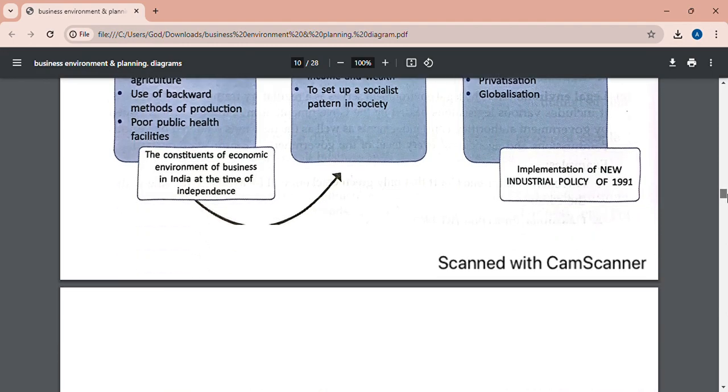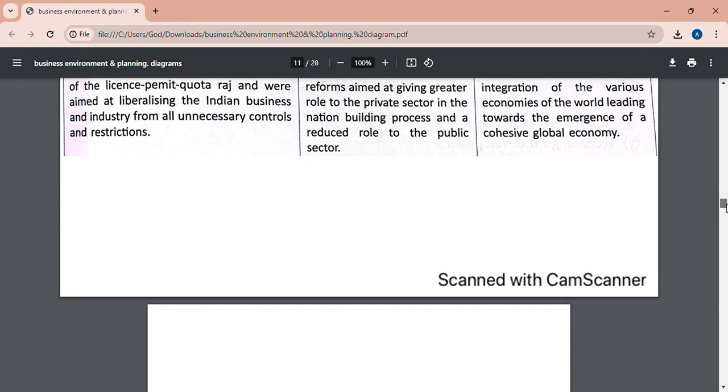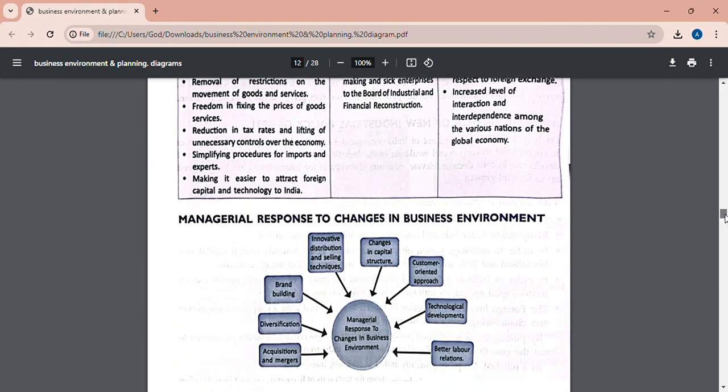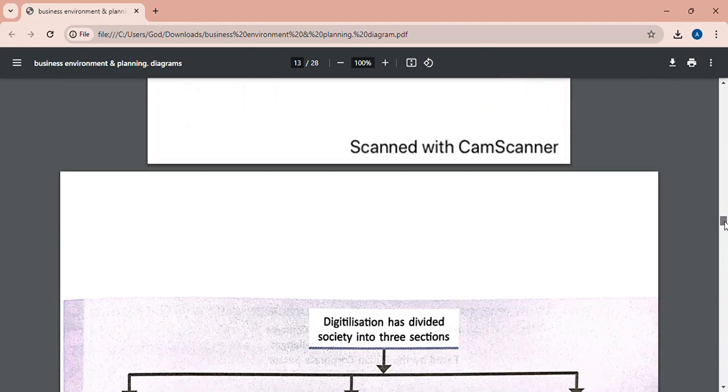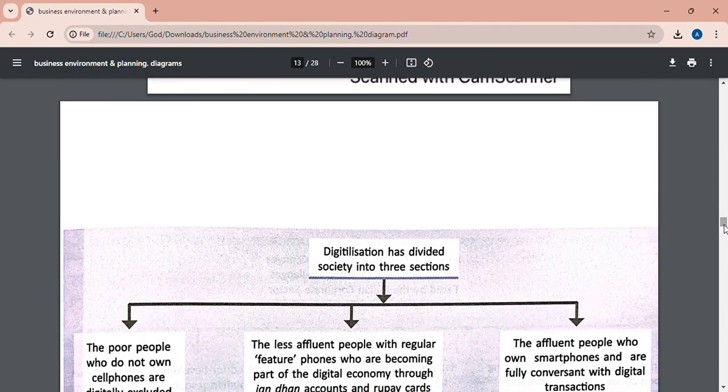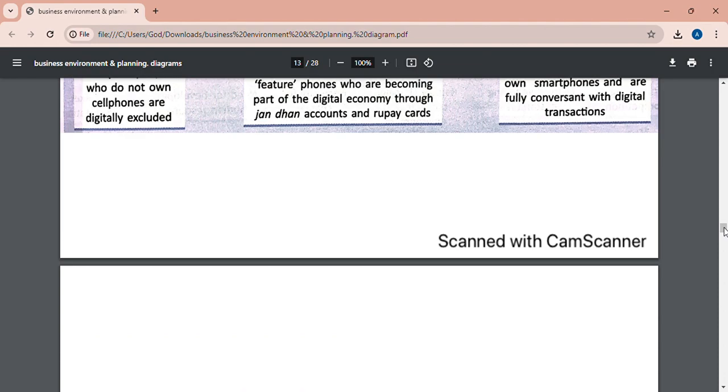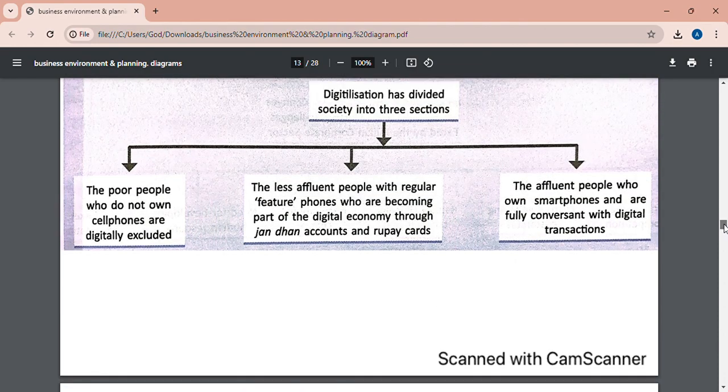LPG has been deleted for this year, so it's not there. So how does a business environment help us in digitalization? This comes with demonetization, where they have banned the currency notes of 500 and 1,000 rupees.